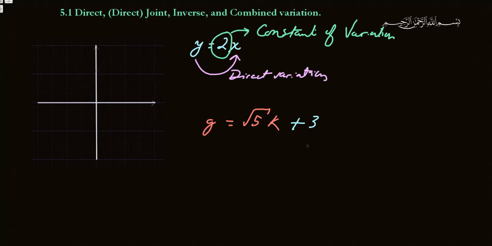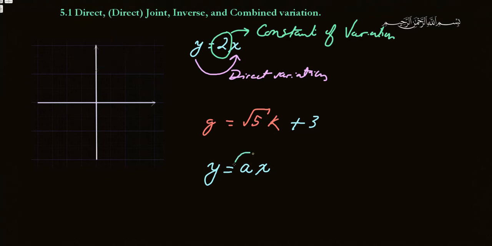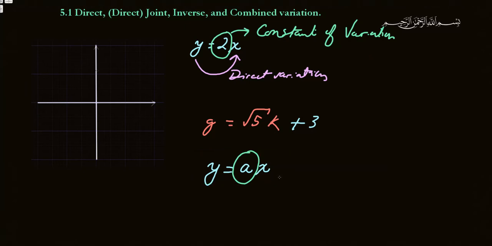So the direct variation is simply in this form: y is equal to a times x, and this a again is the constant of variation. Now this is the general way direct variation is written. If you add anything to it, it no longer is a direct variation. Okay, so this is a reasonably simple concept, right?